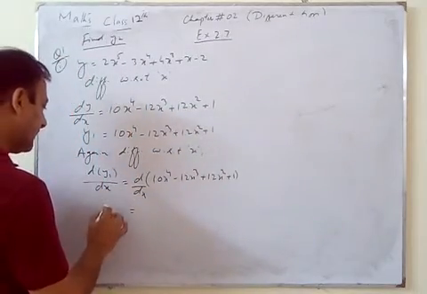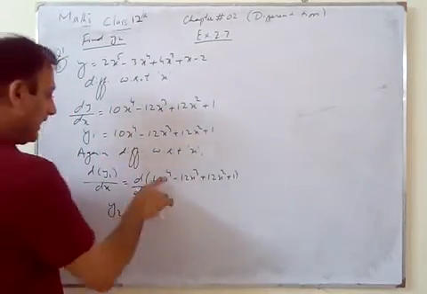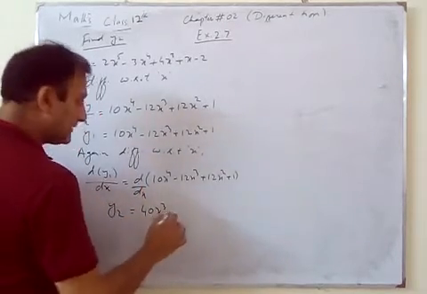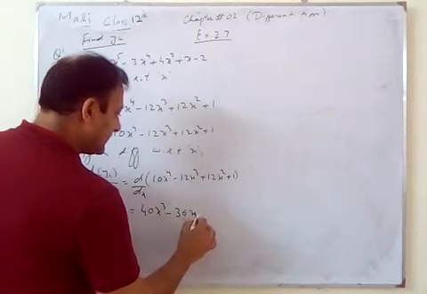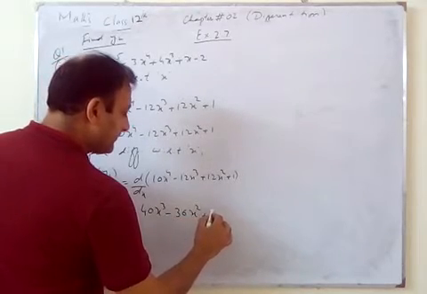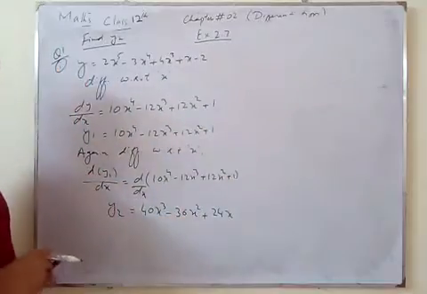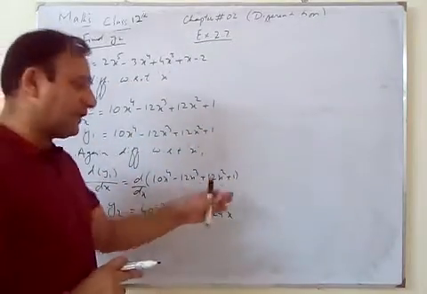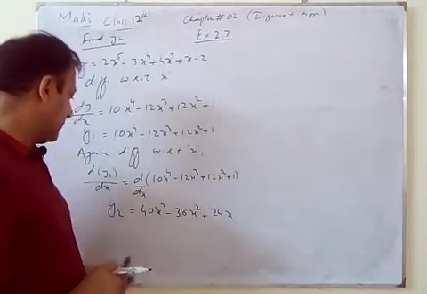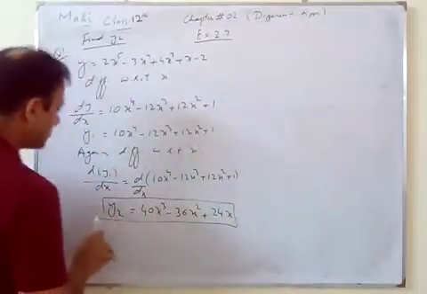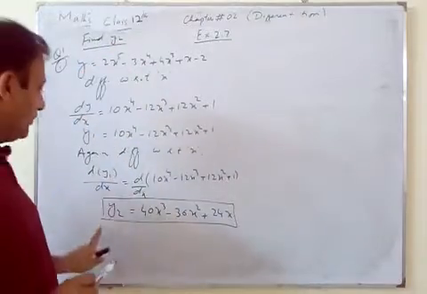This complete becomes y2, which is 40x cube minus 36x square plus 24x. The derivative of 1 is 0, that is a constant. So this one is y2. The question was to find y2, and we have it.